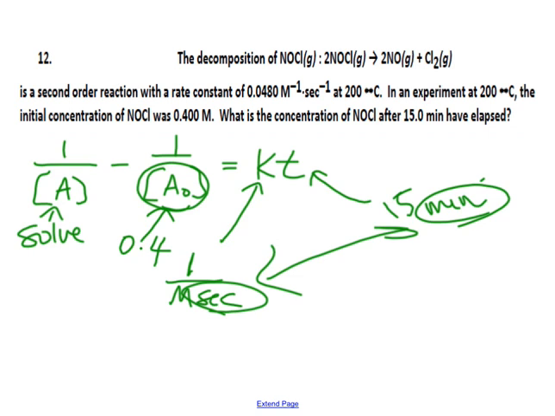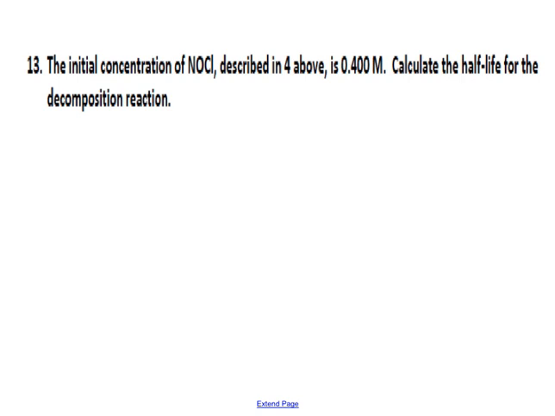Okay? And this last one, before we get to the graphing part, we pretty much addressed this, but in the previous problem, we had K, and the previous one is second order. Calculate the half-life. Well, let's say that we don't know the half-life equation. What am I going to do here?